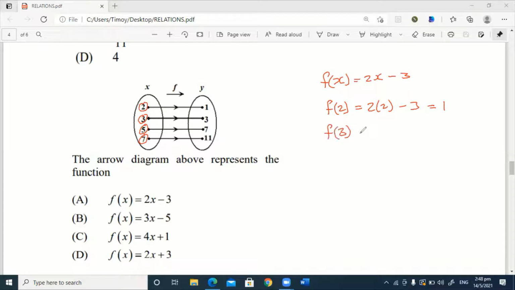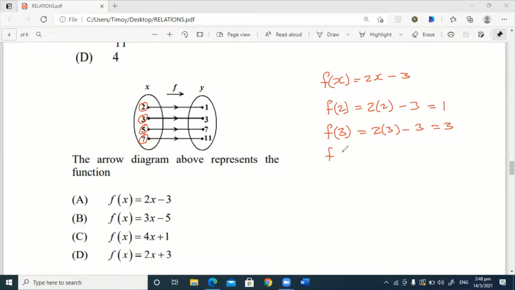So f of 3 would equal 2 times 3 minus 3. What's 2 times 3? That's going to be 6. And what's 6 minus 3? That's going to leave us with 3. All right? So for the first two that we did already, realize that each number that we plugged in mapped onto each number over here. So let's continue to see what will happen.